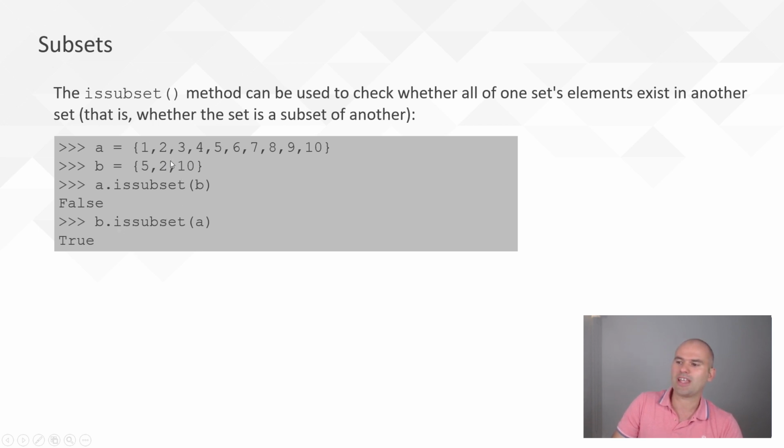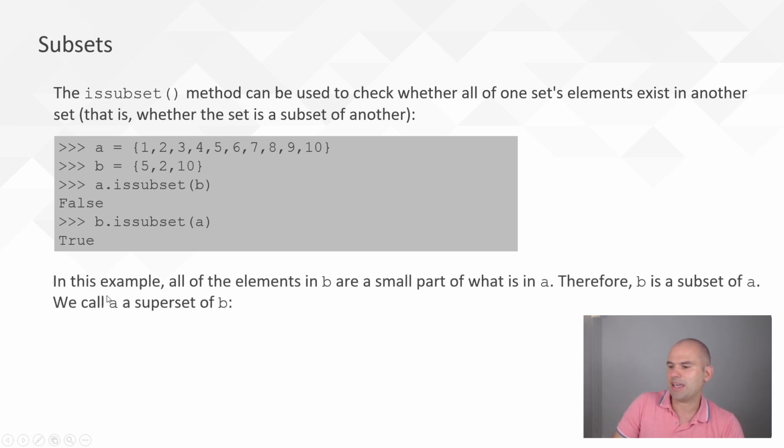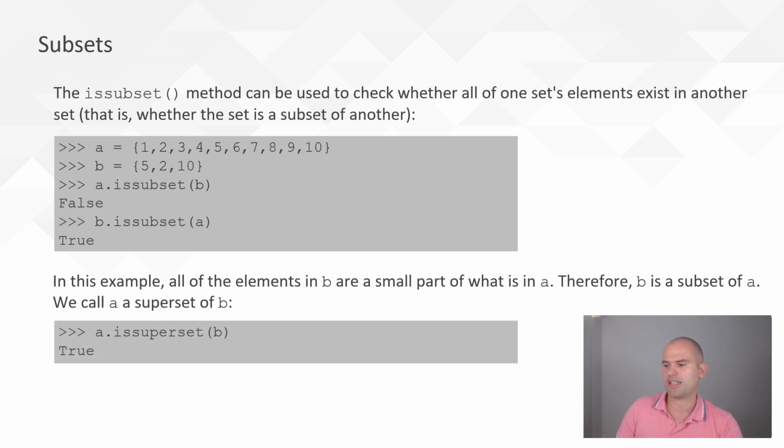But B is a subset of A, that's true. All of these, 5, 2, and 10, can be found in A. So you can basically say that all of the elements in B are a small part of what is in A. B is a subset of A. We can call A the superset of B. And for that, there is also a Boolean function, which is A dot superset B, and that would be true.